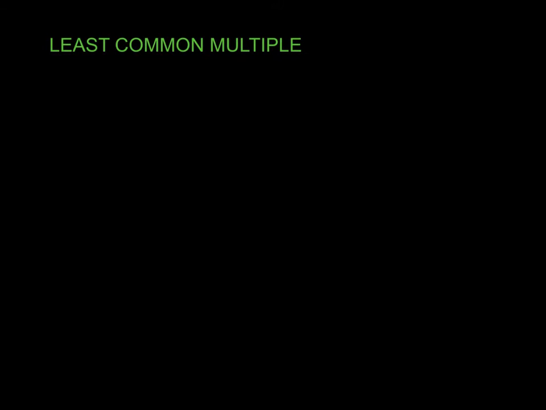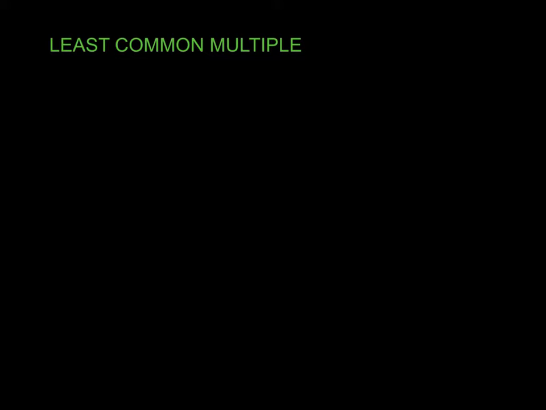Now let's go back and recap what the least common multiple is. And these usually get mixed up. A lot of times people say the greatest common multiple and the least common factor, but that would be incorrect. You're looking for the greatest common factor and the least common multiple.